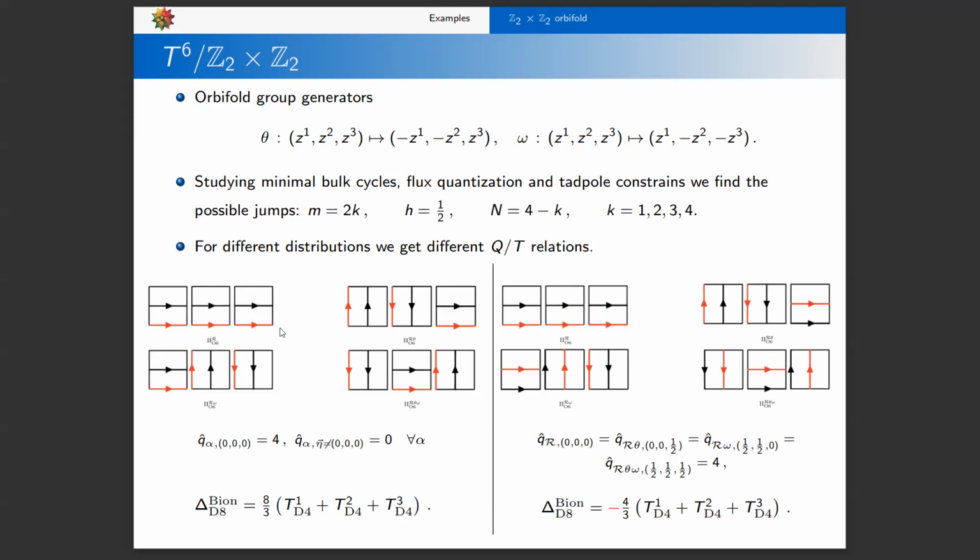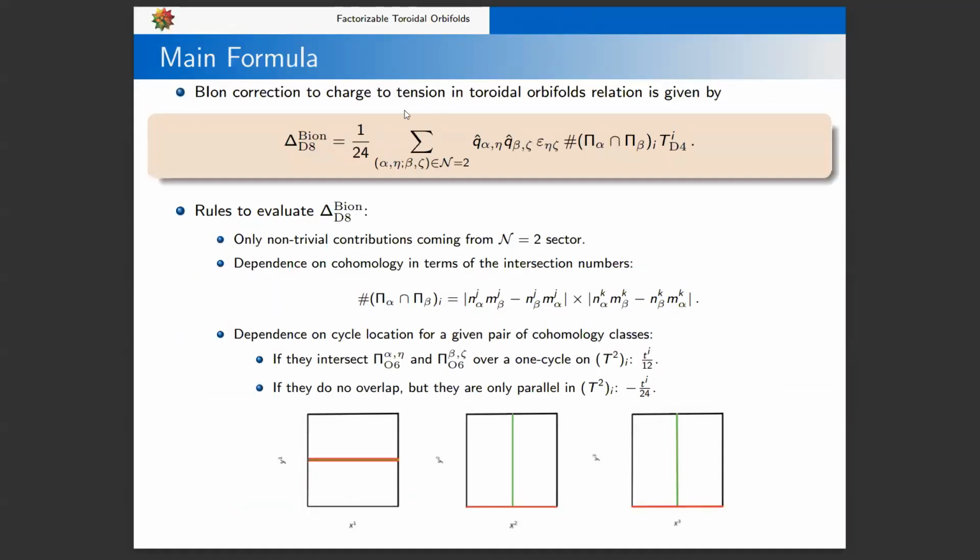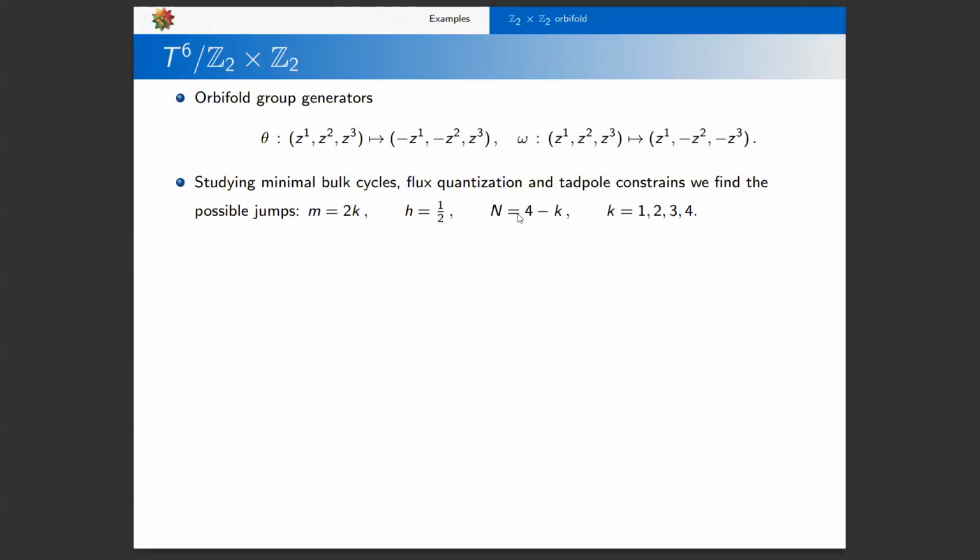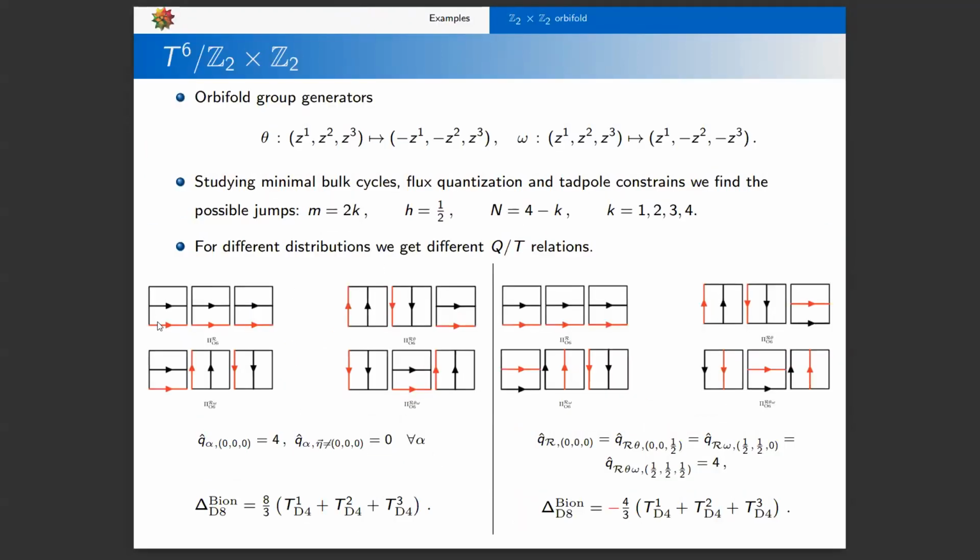So in this case, we have to follow the formula before and sum over all the pairs of these D6 branes that are in the n = 2 sector. They need to be parallel along one of the directions of the torus on one torus. So for example, this direction is parallel to this one. So this will give a contribution to the formula.